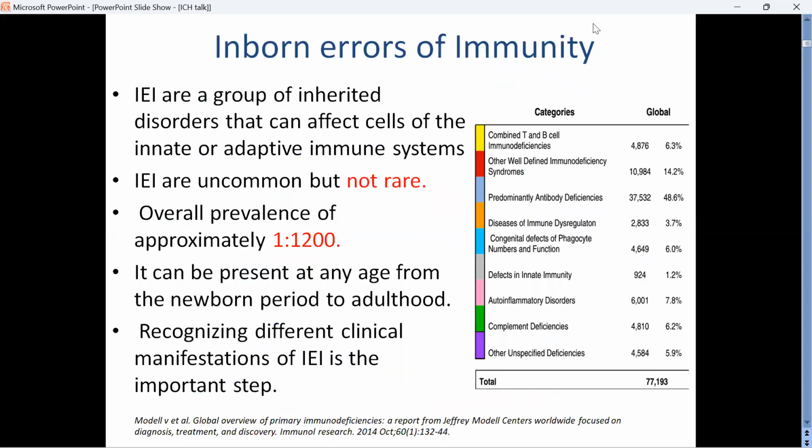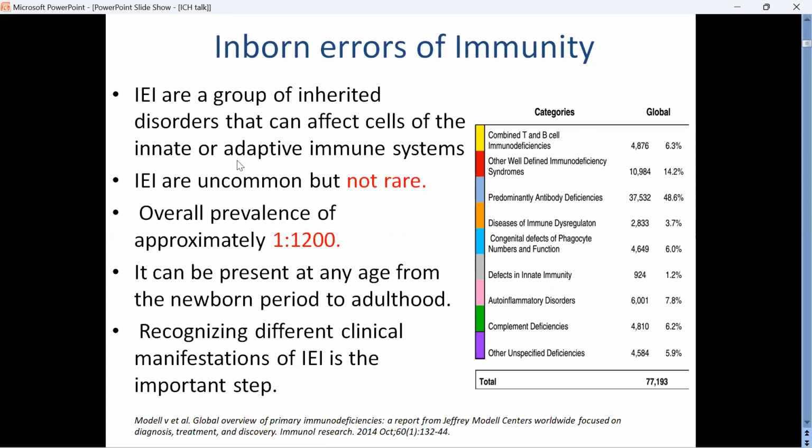Now, inborn errors of immunity are a group of inherited disorders that can affect cells of the innate or adaptive immune system. So it can affect both the natural immunity as well as the acquired immunity. These disorders are uncommon, but not rare.